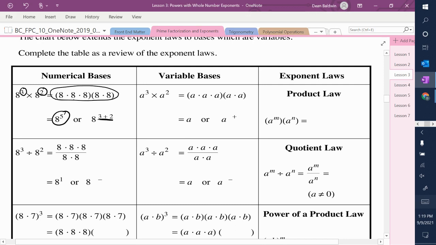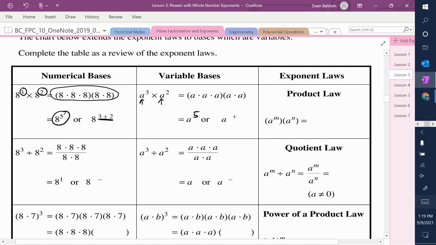As long as your base, which in this case is 8, is the same, you just add the exponents. So if I gave you a to the power of 3 times a squared, what's my base in either case? A. They're the same, so just add the exponents. So what's a cubed times a squared?